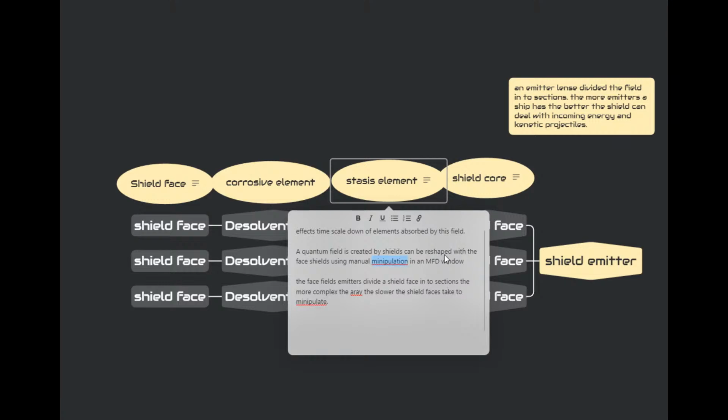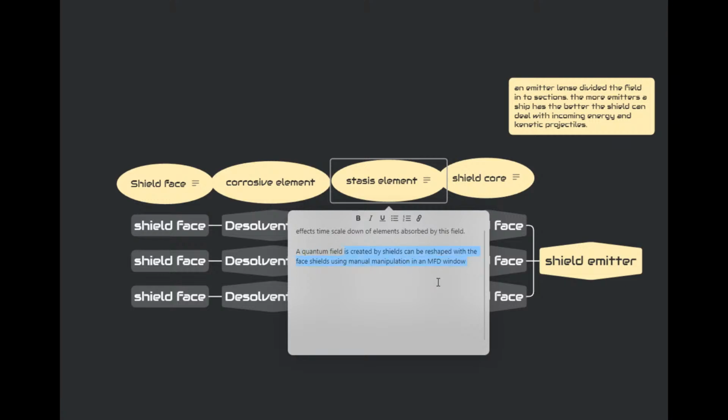Okay, so manipulation of shields and the array. The array shields will manipulate, so I think I'm making rules here. But I want to talk about just the shield, right? So we're not going to talk about that.